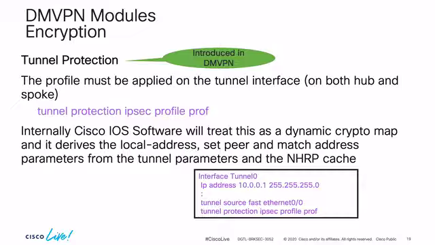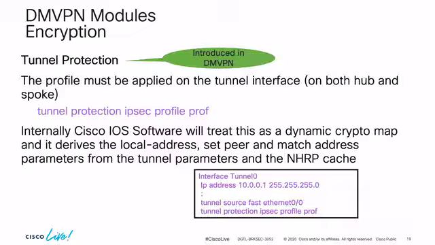All of this is transparent to the end user, the engineer who's configuring or implementing DMVPN. How it gets the peer IP address and the crypto ACL, and all of that information, is what we're going to be seeing here.